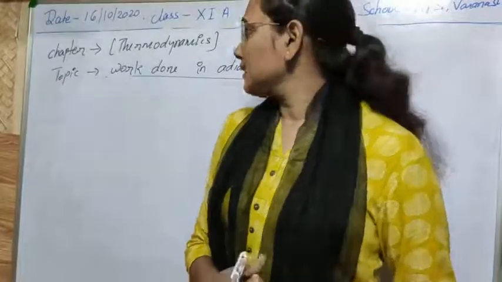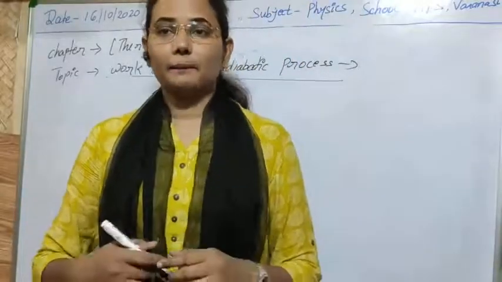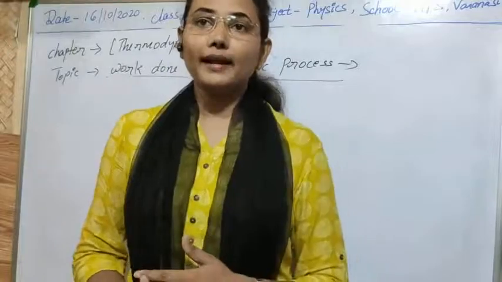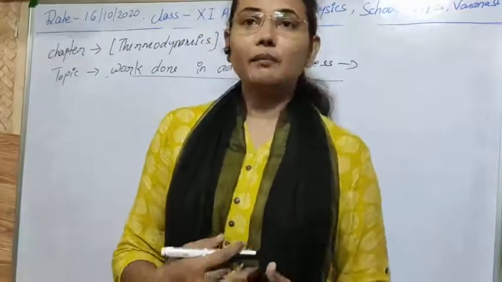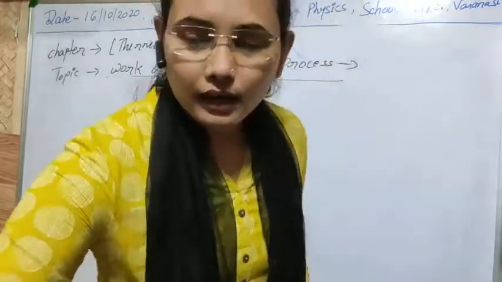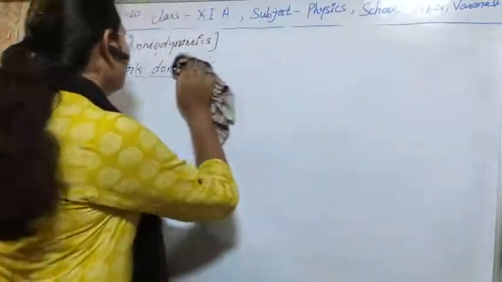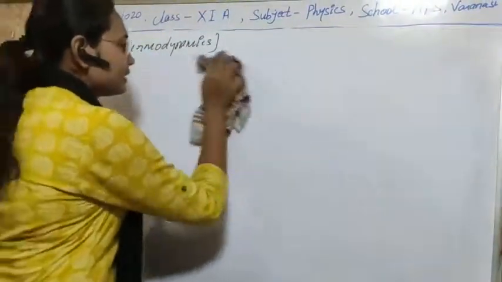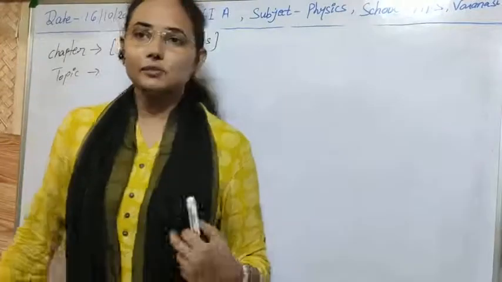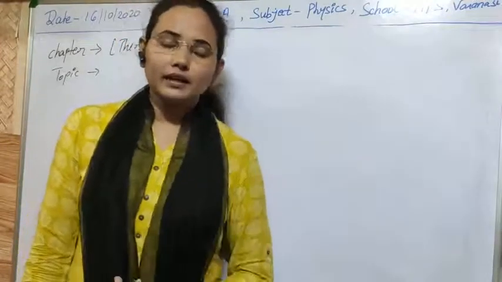So the next case is work done in the isothermal or adiabatic process with the help of an indicator diagram. As I told you, the calculated formula is the one through which we can easily calculate the work done in expanding or compressing a gas.